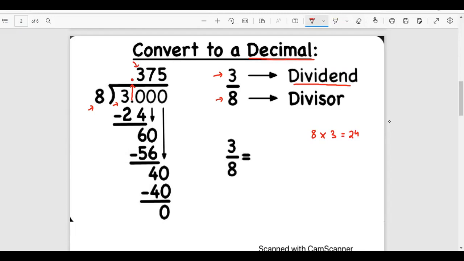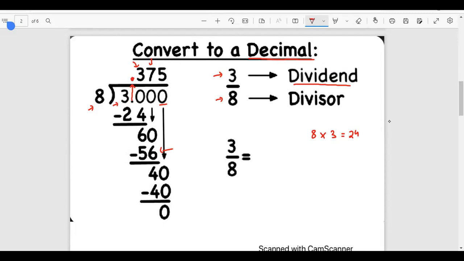Now 8 multiplied by 7 would give you 56. So I've written 7 here and I have 56 here. The difference is of 4. Again, because of this decimal, I can take the 0 down and that would be 40, and 8 multiplied by 5 is 40.